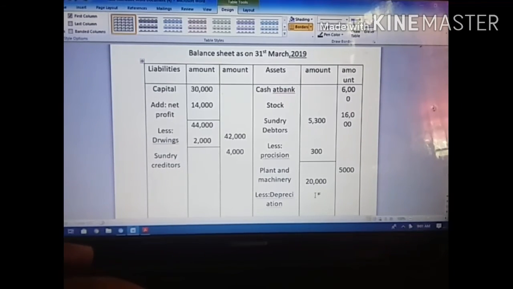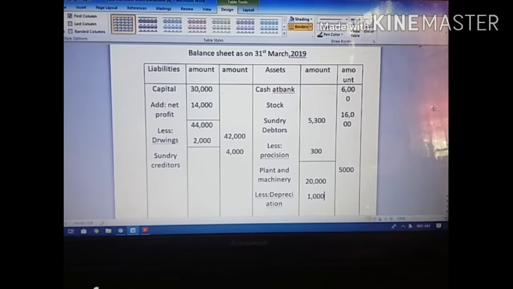The depreciation amount is 1,000. This 1,000 I already calculated in the P&L account. 20,000 into 5 by 100 we get 1,000. So that 1,000 rupees you have to show on the P&L account.